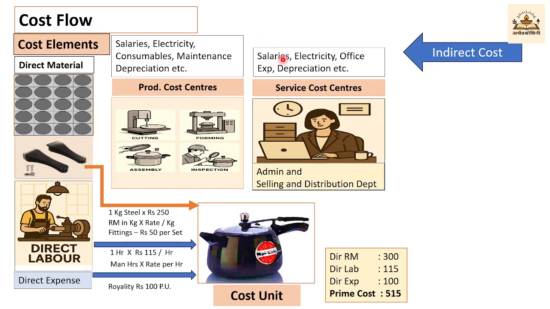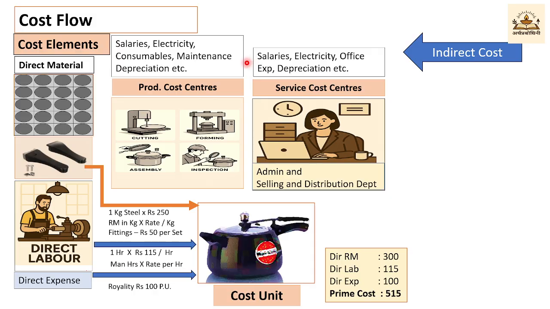So all indirect staff salary is called indirect cost. Apart from that, indirect consumables, electricity you spend in the manufacturing facility and office, maintenance expenses, and the depreciation of plant and machinery, depreciation of office building and office equipment. All these are indirect expenses.